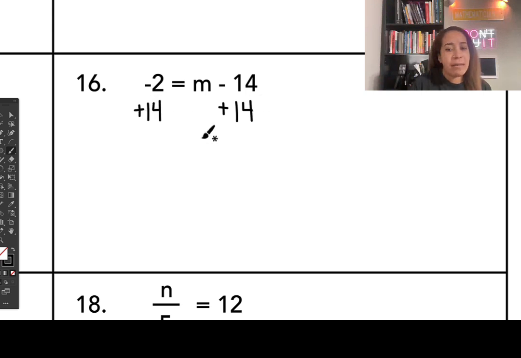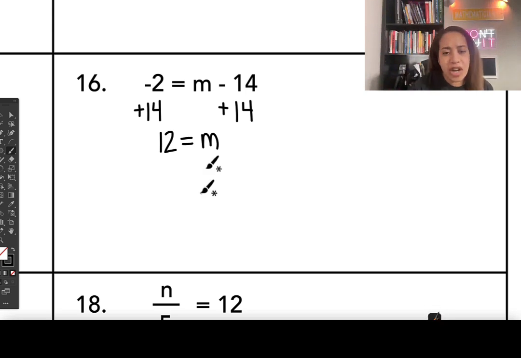So now I've got m all by itself on the right side of the equal sign, and on the left side, negative 2 plus 14 is what we need to do. We see that they have different signs, so we should subtract the numbers. 14 minus 2 gives us 12, and our higher absolute value was positive, so we do get a positive 12.